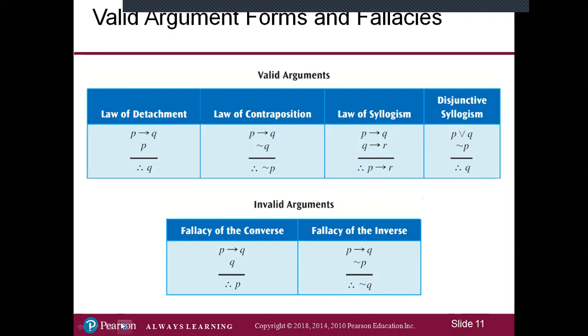It is a fallacy to think that if P then Q, we have Q, therefore we have P. That's a wrong way of thinking. Also, it's a fallacy to think if P then Q, we don't have P, therefore we don't have Q. That is also a fallacy, an invalid way of thinking.